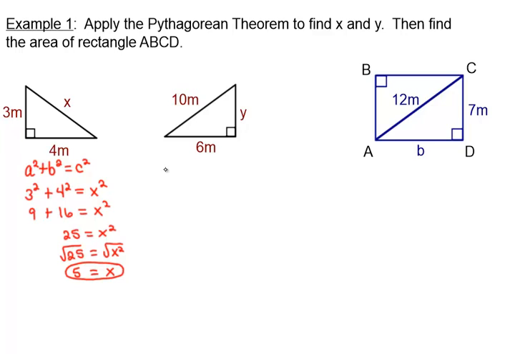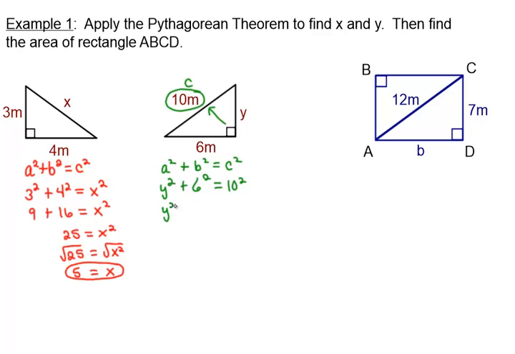Do the same process. I want you to write a squared plus b squared equals c squared. Well, in this case, c is my hypotenuse. So c is 10. So we're going to have 10 squared right here. Always got to be careful. 6 can be either a or b, so we might as well just go right here. And then we'll label y as a.